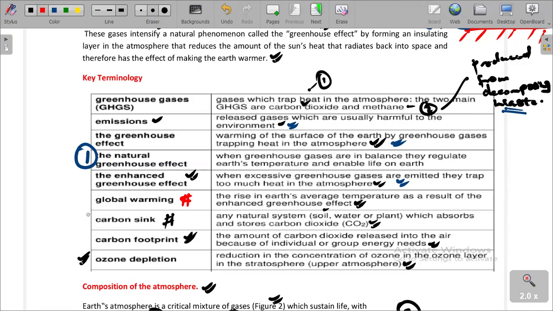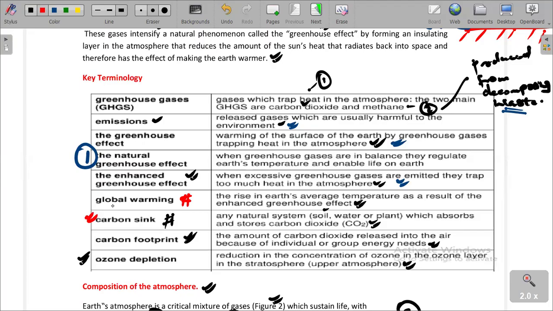And then carbon sink. It's a natural system which can be soil, water, or plants, which absorbs and stores carbon dioxide. I am sure that you know that plants act as carbon sinks. How?